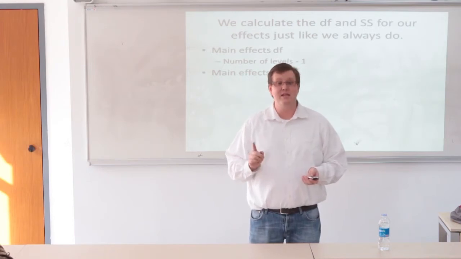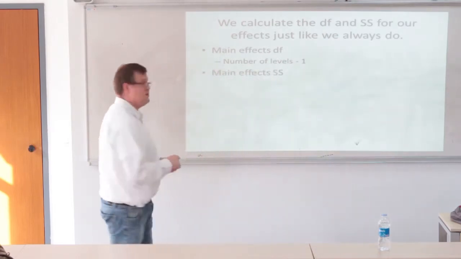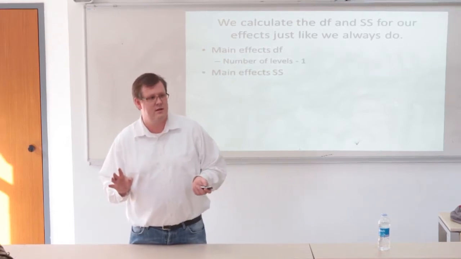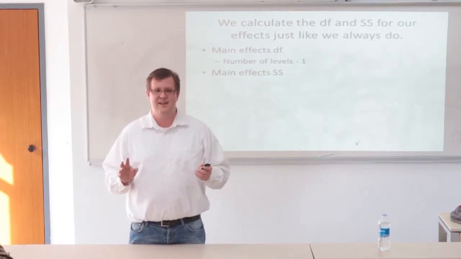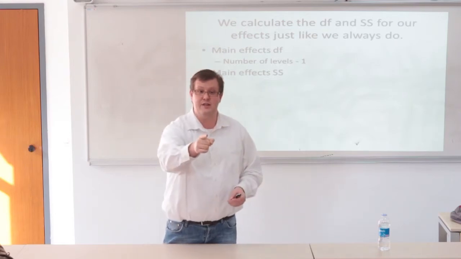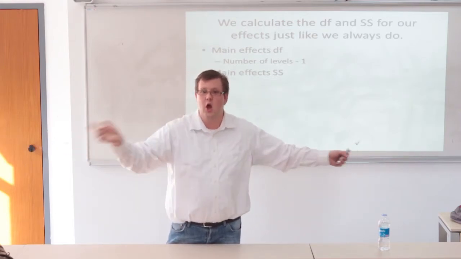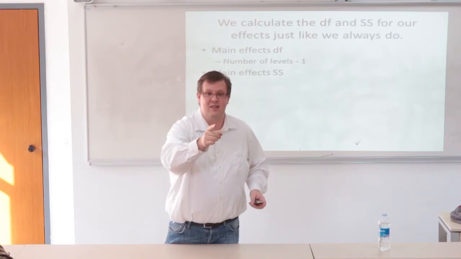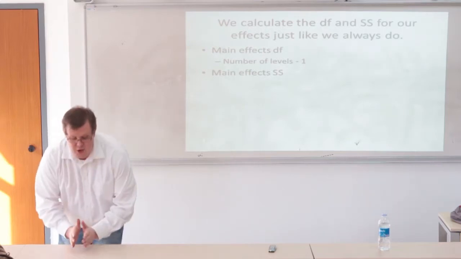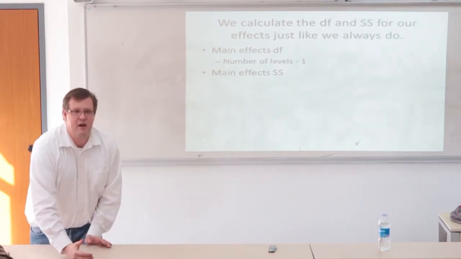This is the sum of squares, not mean squares. Do I have mean squares up here? No. Sum of squares. We're not going to divide by anything for sum of squares. We're going to multiply by something. We don't divide by n. Multiply by n. What's n? Number of levels? Not number of levels. Number of observations. Okay, number of observations for what? Total? No. The number of observations that you have for each level of that factor.